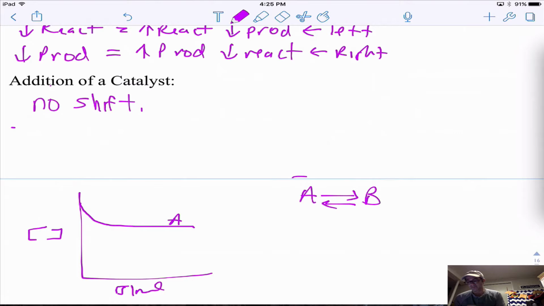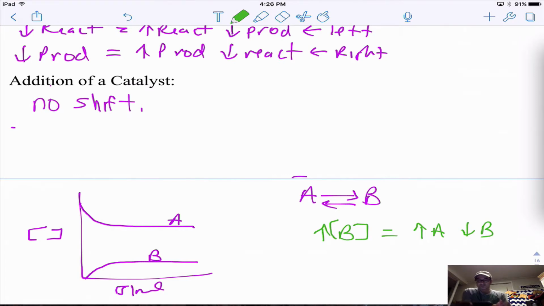And B, it may be higher than A or not, but I'm going to draw it like this. So here's B. Let's say that we decide to stress out the system by increasing B. Then we know that this should shift away from the increase. So this should result in an increase in A and a decrease in B.